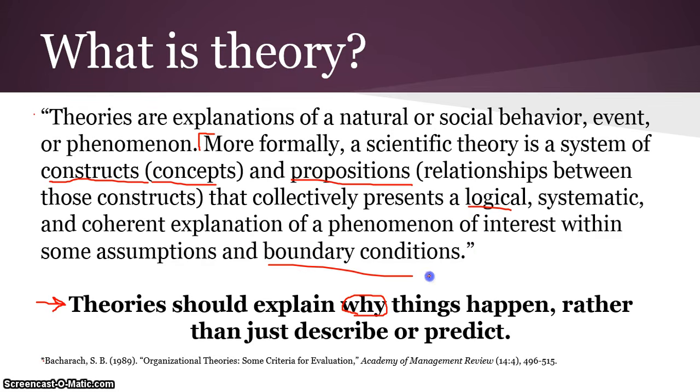So I'm just going to underline a couple of the key things. We'll actually come back to these. These will end up being our four elements of a theory: constructs, propositions, logic, and boundary conditions. But if we were to remember simply that it's an explanation of a phenomenon, that would be good enough.